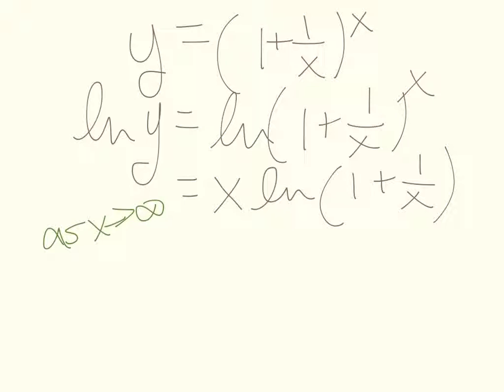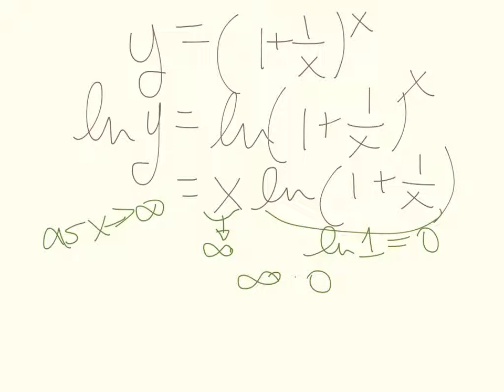Now we have a product. The first factor goes to infinity, and the second factor goes to ln of 1, which is 0. So now I have that indeterminate form of infinity times 0.